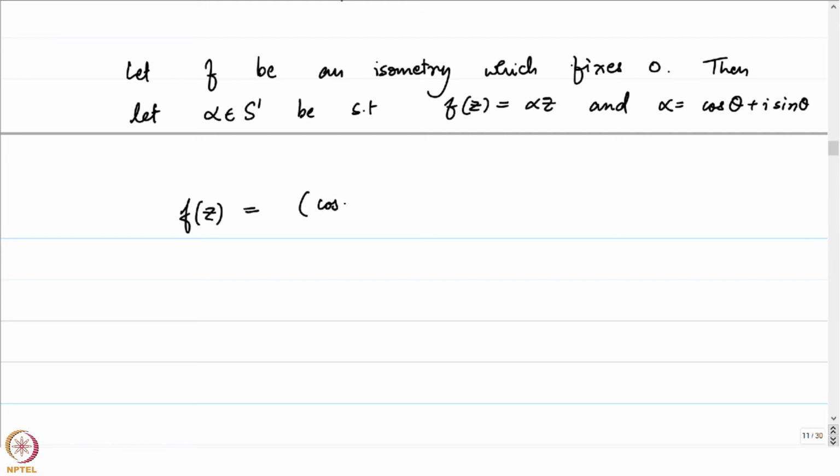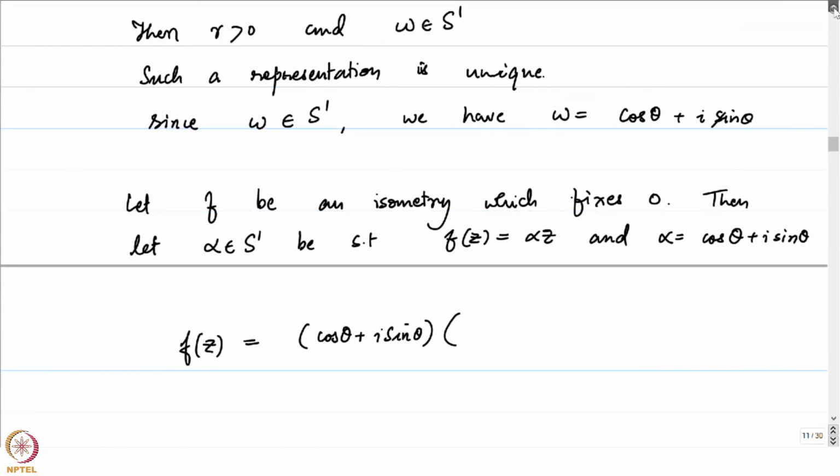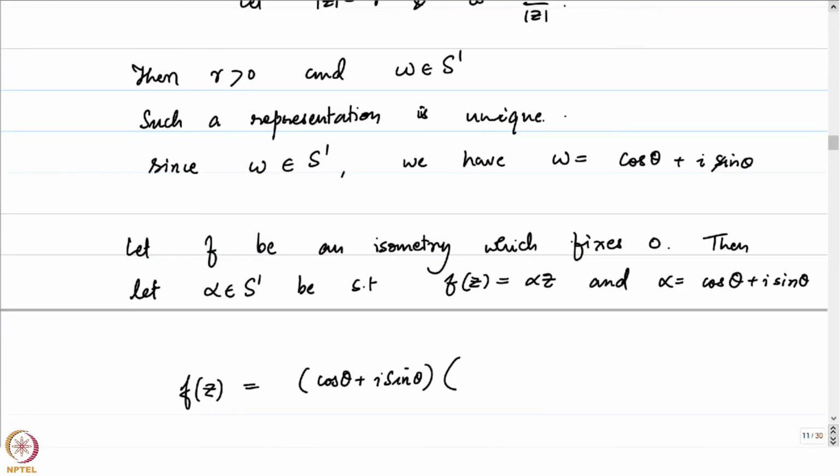It will be cos theta plus i sin theta, and z, if we write it in the polar decomposition, such a representation is unique, and it is called the polar decomposition.